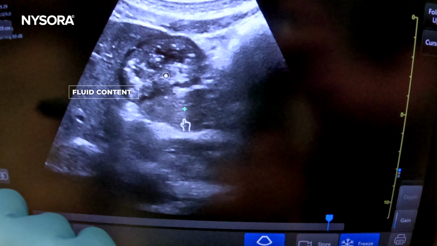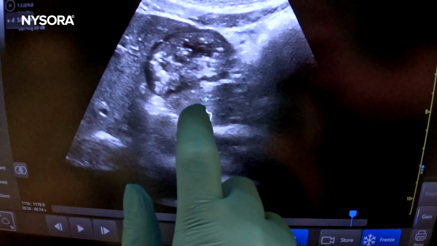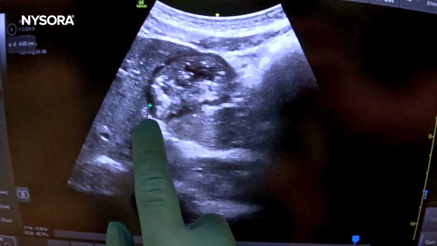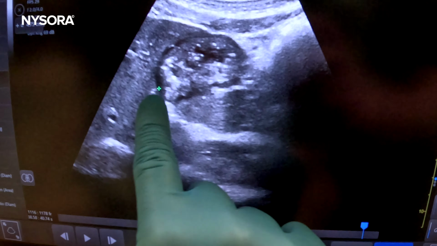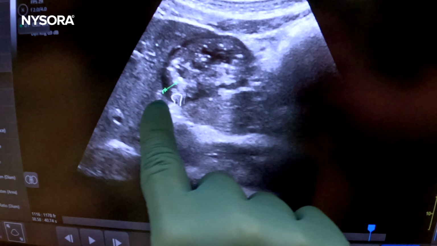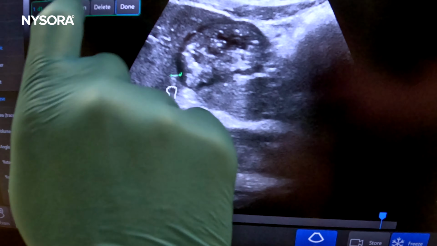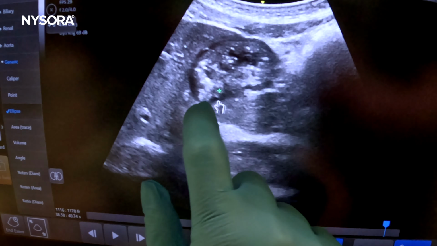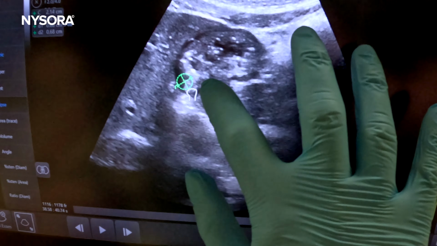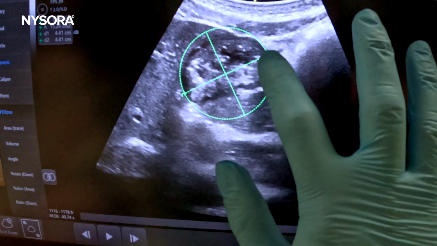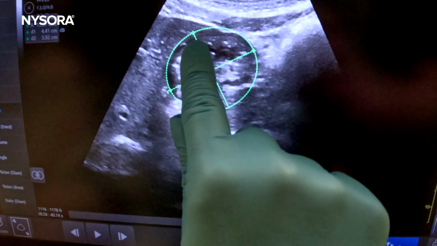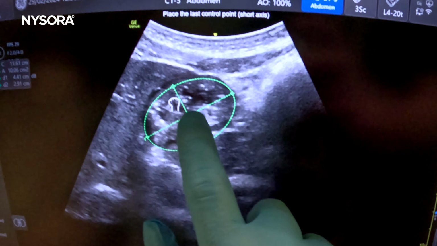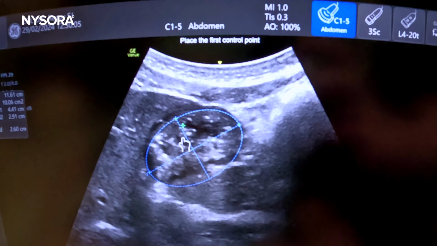Then an important differentiation is the volume, which you measure including the muscularis. You can do this either with the elliptical shape or trace it, whatever your ultrasound allows you to do. But most of the time the antrum is elliptical shaped, so this will give you the correct measurements.